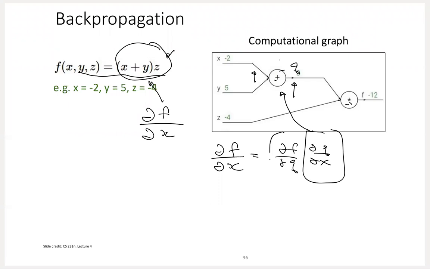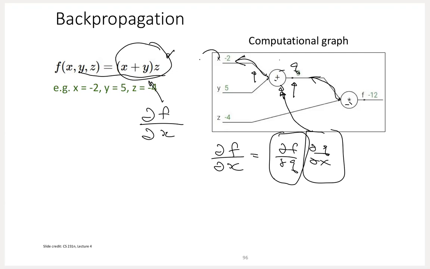And what is this partial f partial q? It is essentially some gradient that was passed back earlier. So assuming that I know partial f partial q, then multiplied by the local gradient, I know partial f partial x, right?